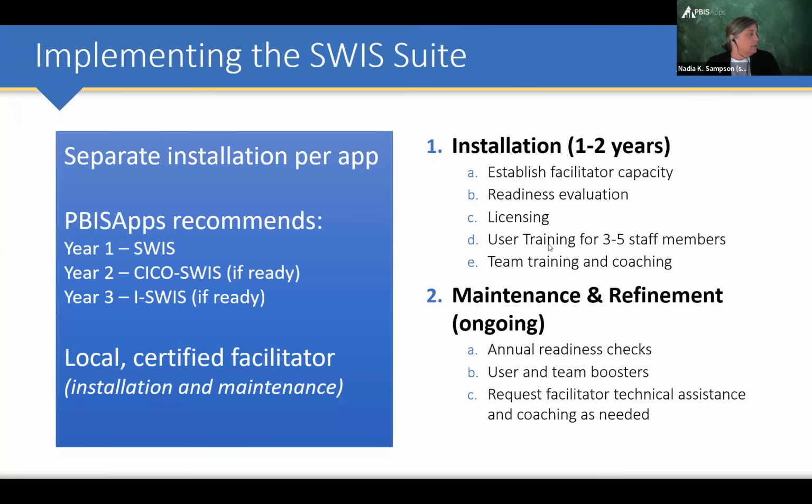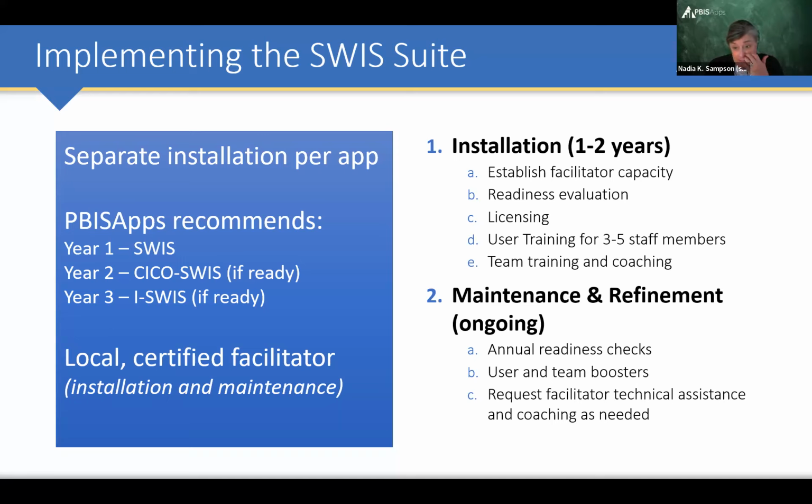Okay, let's see. This is just giving you kind of a roadmap of, I just said this, right? So installation can take a little bit of time. I think 1 to 2 years is a little long. I think most schools could start using Swiss within a few months or even a few weeks of getting a facilitator.